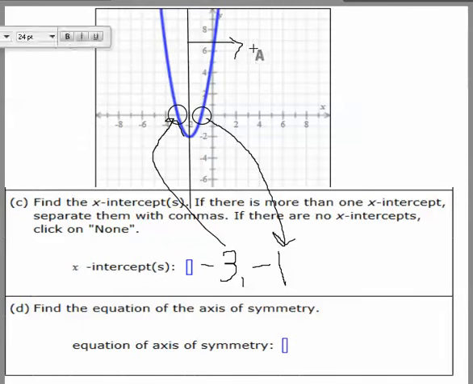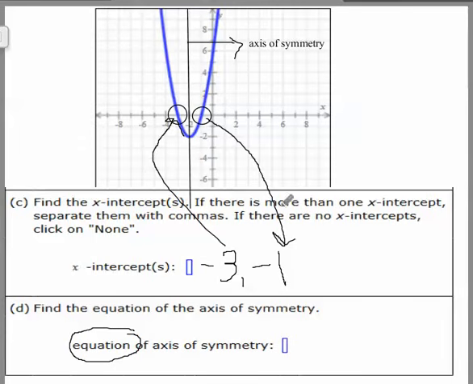Now, here's where people tend to mess up. They simply list the point -2, because that is where it goes through the middle of our graph at x equals -2. But they want an equation, and that's the key word you're looking for here, equation. So the equation here would be x equals -2.